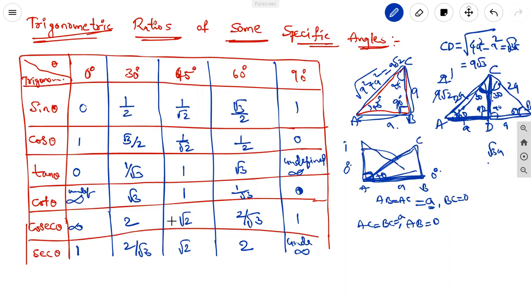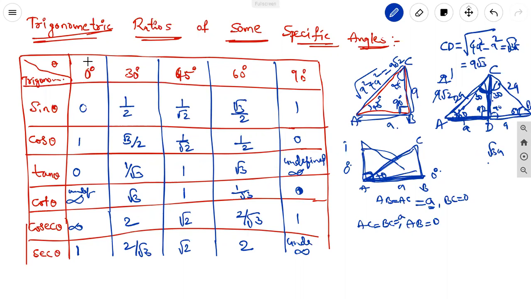This table we can get by using the isosceles right angle triangle, the equilateral triangle, and also the right angle triangle. Here, just observe how to find the angles by using the right angle triangle, but I am giving a clue for you on how to remember these values.